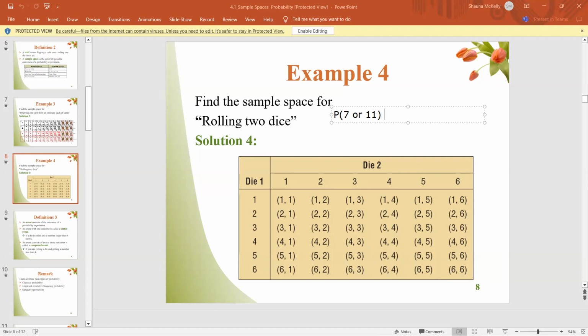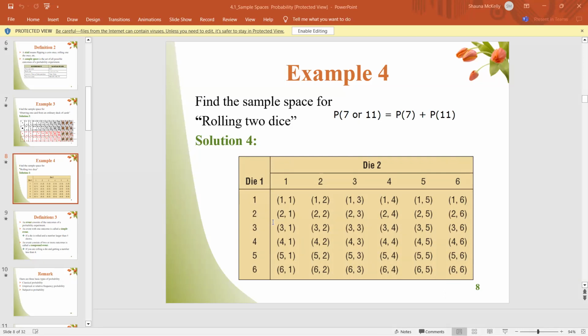Now remember, or means we're gonna add. So I would suggest counting all the ways to get 7 first, I got 5, and then all the ways to get 11 next. It just makes the math easier.